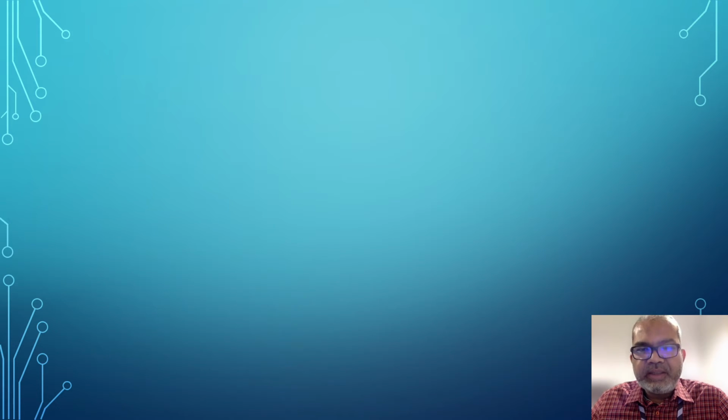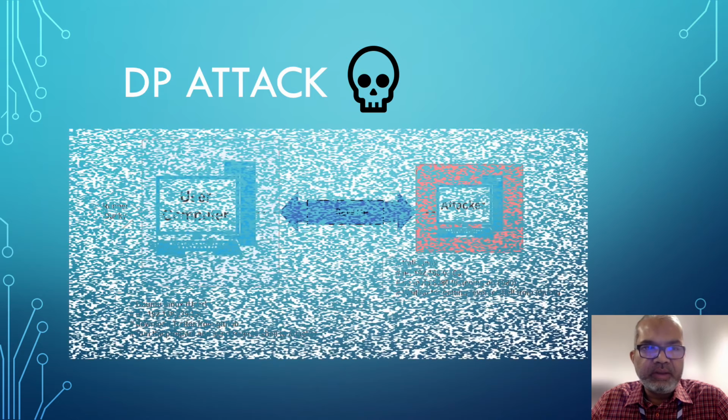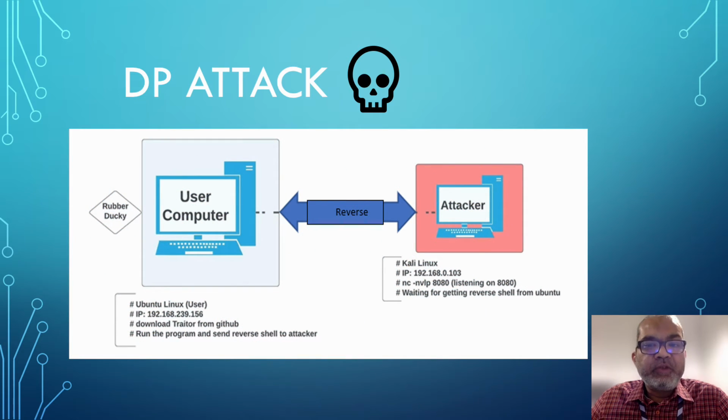My first attack is the DP attack, whose logo is a skeleton of a human face. In this incident, we are going to attack a user's computer with our pre-configured USB device and get full control of the victim's computer. The user is using an Ubuntu Linux machine through a non-root user.